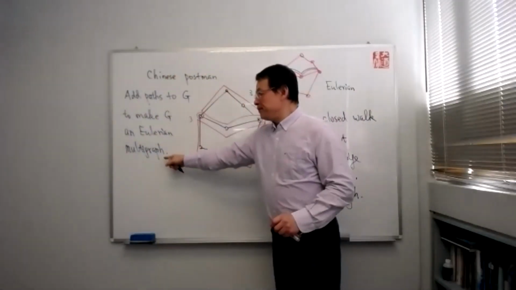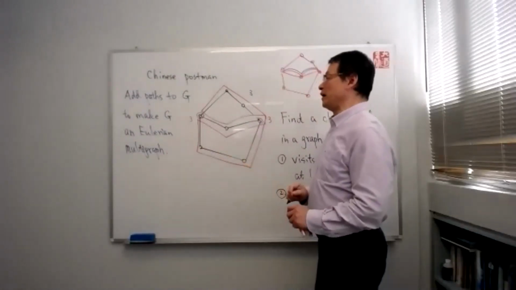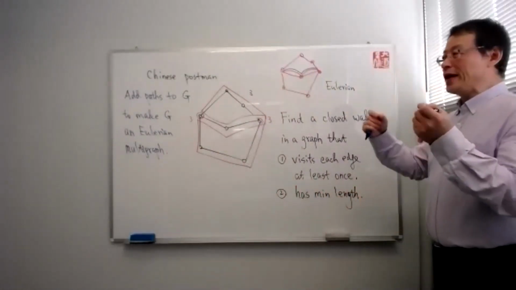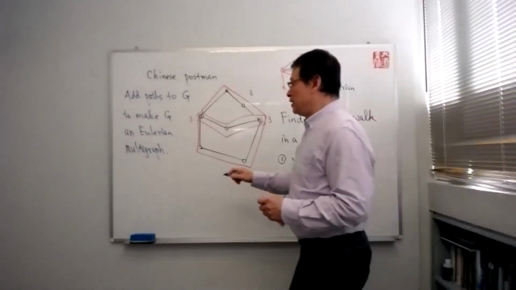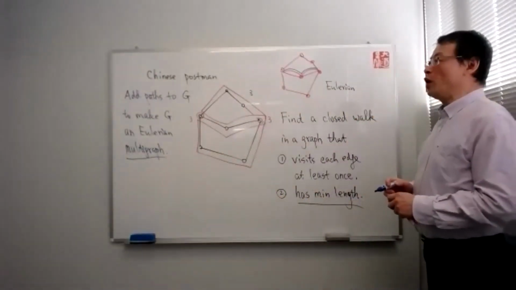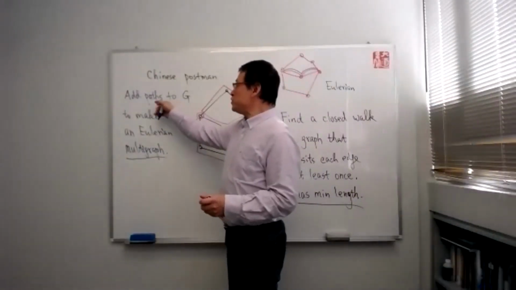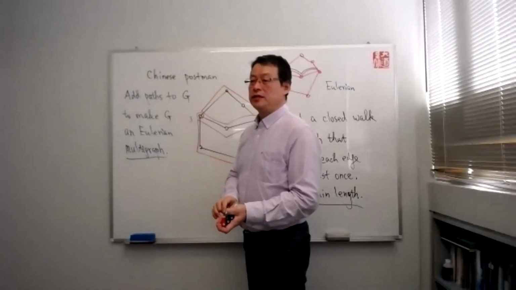Now it may have multiple edges, so it will become a multi-graph. The problem is how can we add edges to G to make the graph an Eulerian graph? And to minimize the length, we want the number of edges being added to be as small as possible.